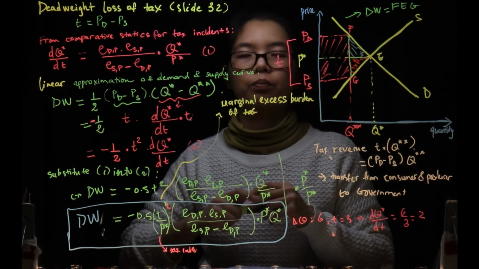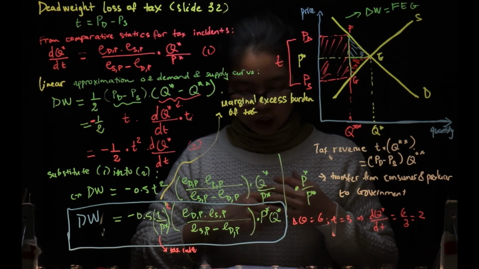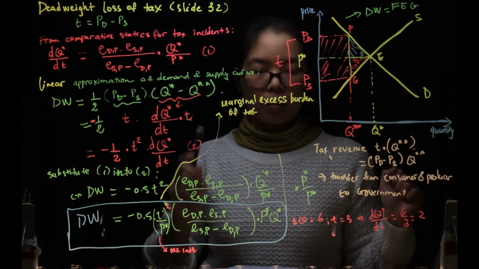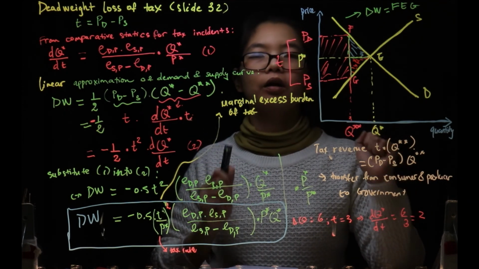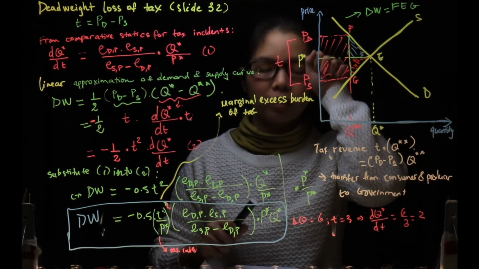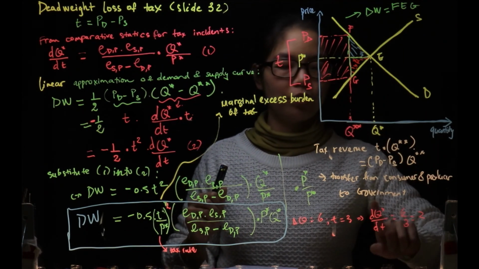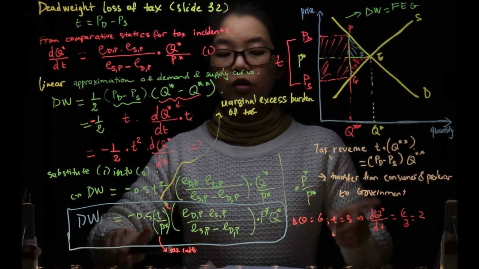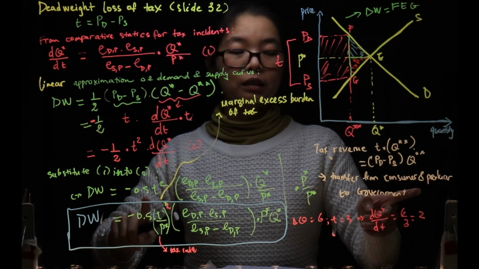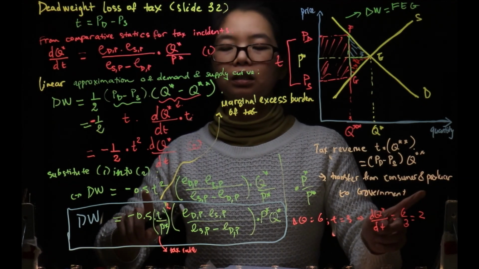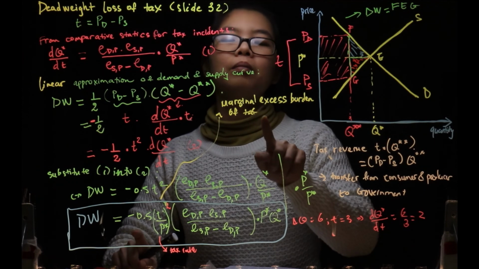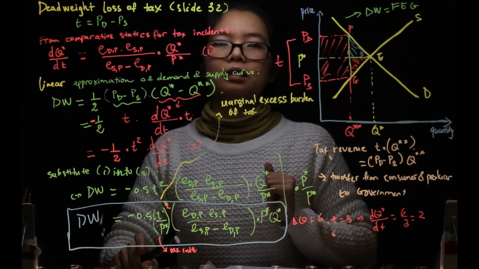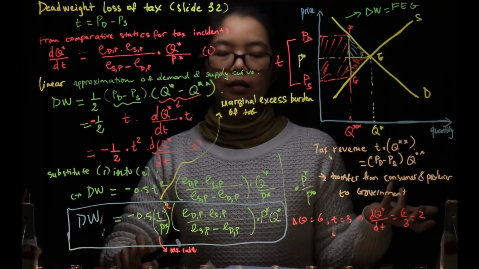What is marginal excess burden of tax? That is just the change in the dead weight loss per dollar or euro or unit of currency of the extra tax revenue that the government receives. It's called marginal excess burden. So the more tax revenue the government receives, the even much more marginal excess burden of tax occurs via the dead weight loss.